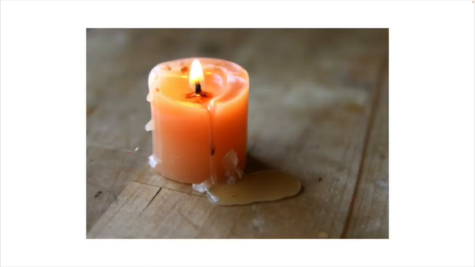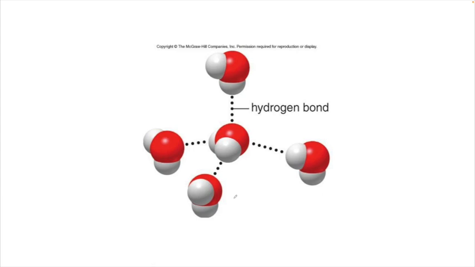That's why at room temperature, the wax is solid, because the intermolecular forces are strong. When we heat wax, the molecules begin to vibrate, and these vibrations weaken the intermolecular forces. And once these forces are broken, the molecules flow away. They can move freely, and that's why wax melts. A similar behavior can be seen in water. In water, molecules are held together by hydrogen bonds.